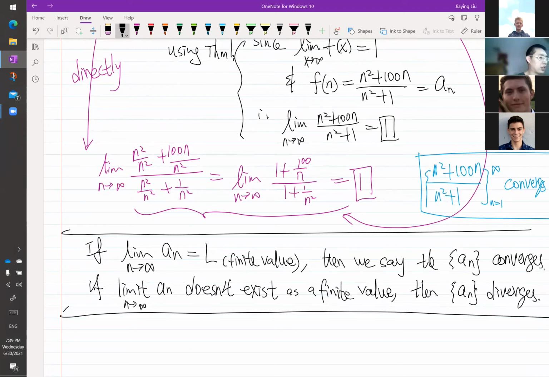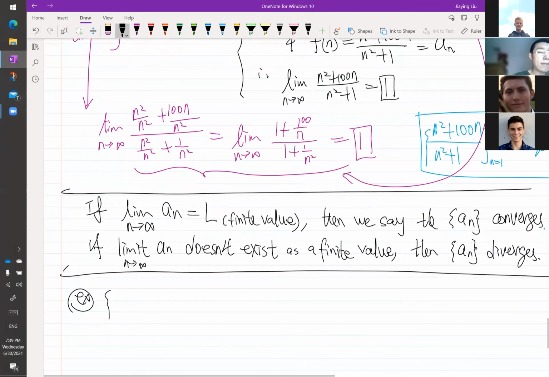All right, let me give you another example. This one is a little bit more challenging. We want to find the limit as n goes to infinity of this sequence, e to the 2n over n.